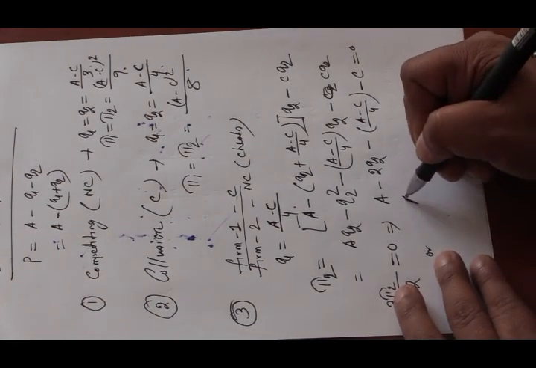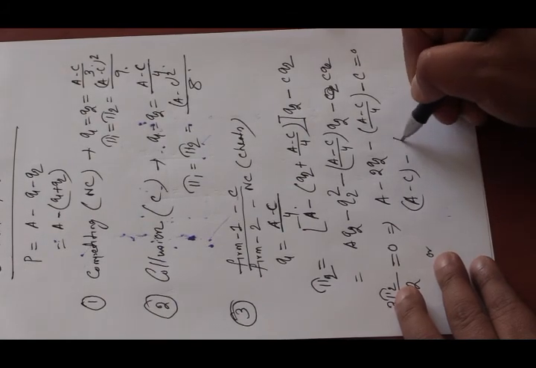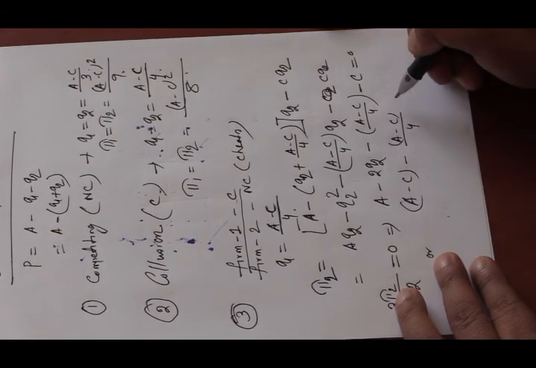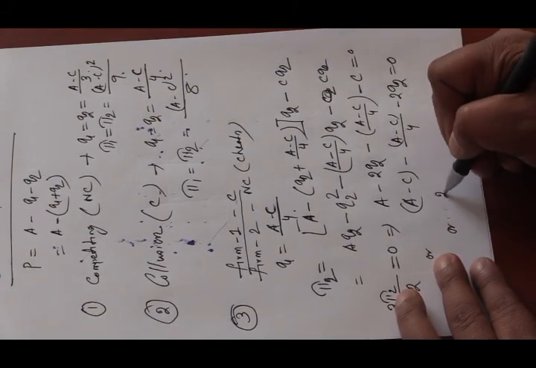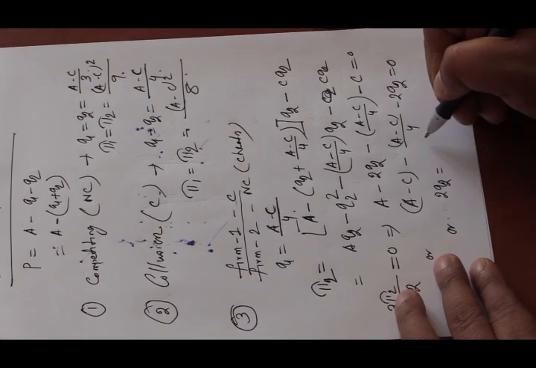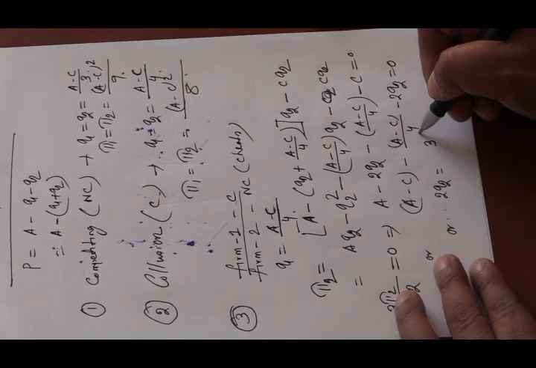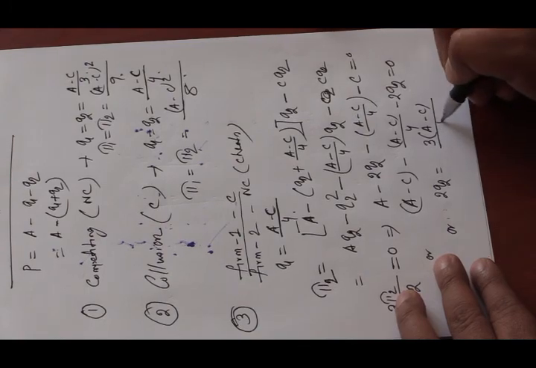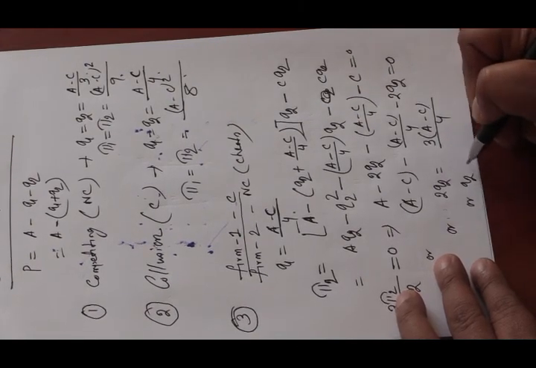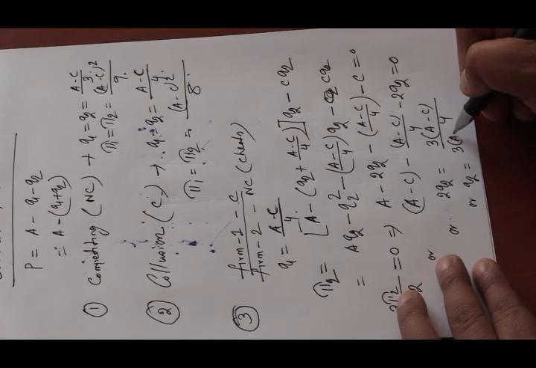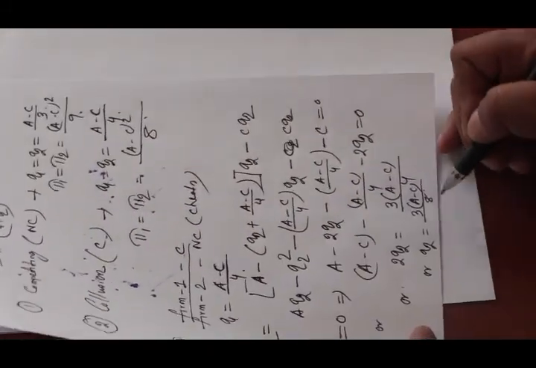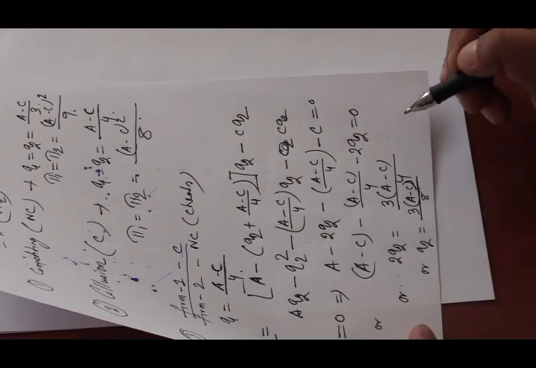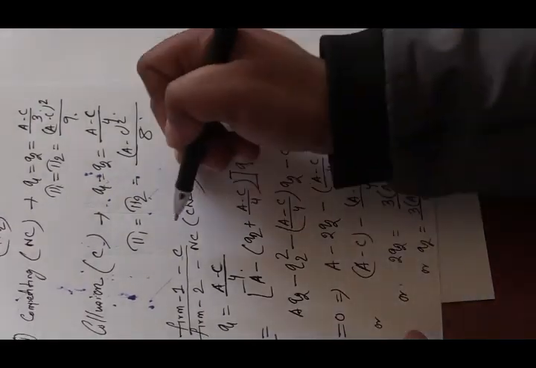We can simplify it: (A − C) − (A − C)/4 − 2Q2 = 0, or 2Q2 = 3(A − C)/4, or Q2 = 3(A − C)/8. So this is the equilibrium level of output of the second firm when it does not cooperate but firm 1 is cooperating.